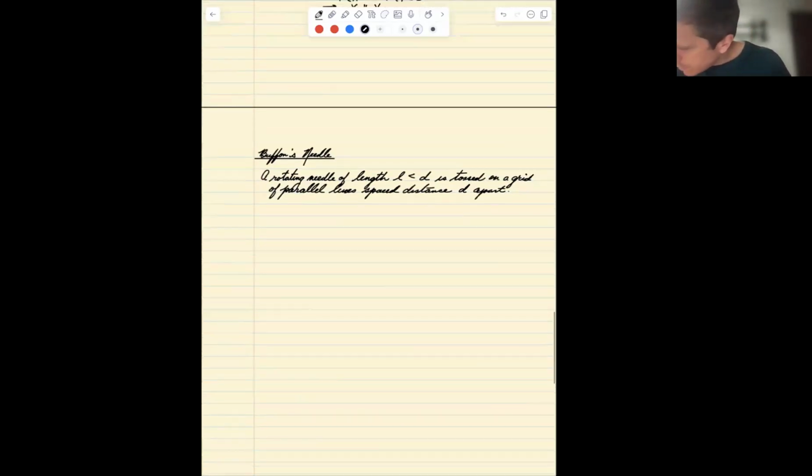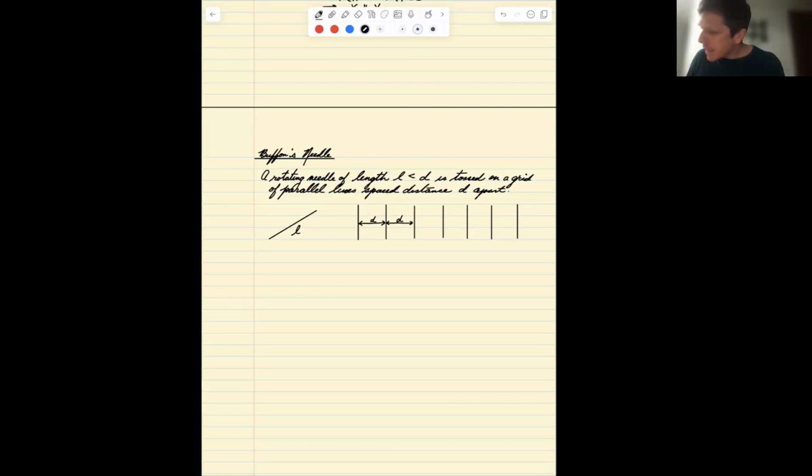Okay, so we've got a needle. This is our needle, and this is our grid. And so we imagine throwing the needle in the air, rotating it 360 degrees. It's going to be rotating, and it's eventually going to land on the ground. The lines are distance D apart.